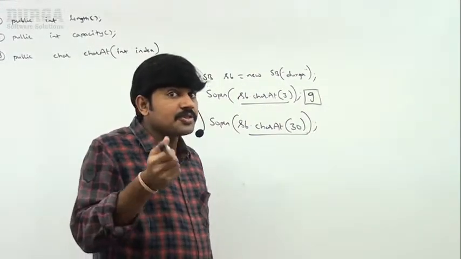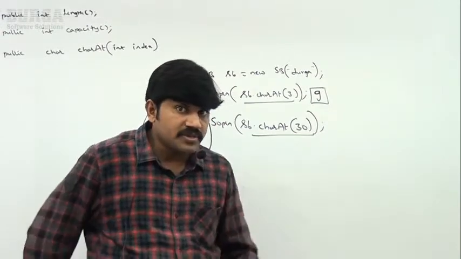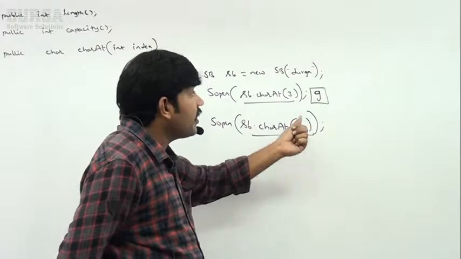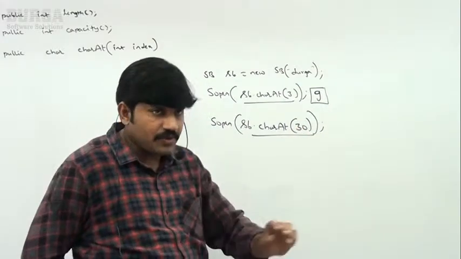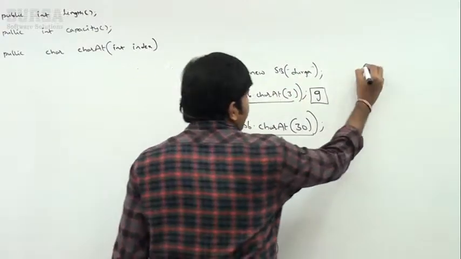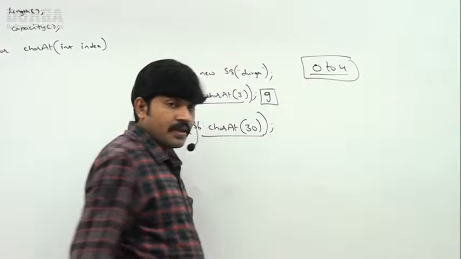In the case of String, we got StringIndexOutOfBoundsException. Have you remembered it? Because index 30 is not possible. Here 0 to 4 is the only valid range of indexes. Total 5 characters means 0 to 4.